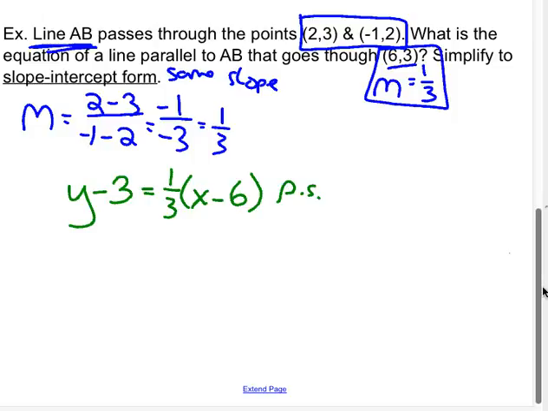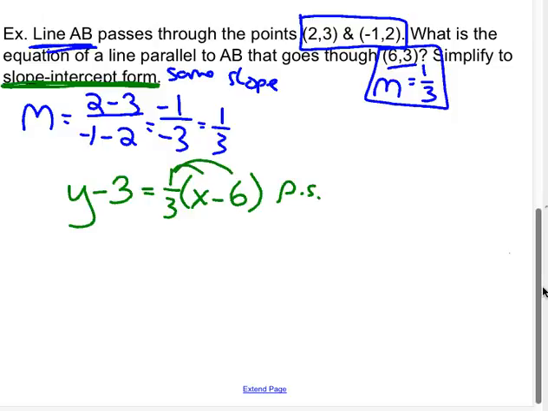That's always where we start. However, look at what it wants it in. It wants it in slope intercept form, okay? So what that means is now I have to work on transitioning this to slope intercept. Slope intercept, remember, means solve for y, okay?